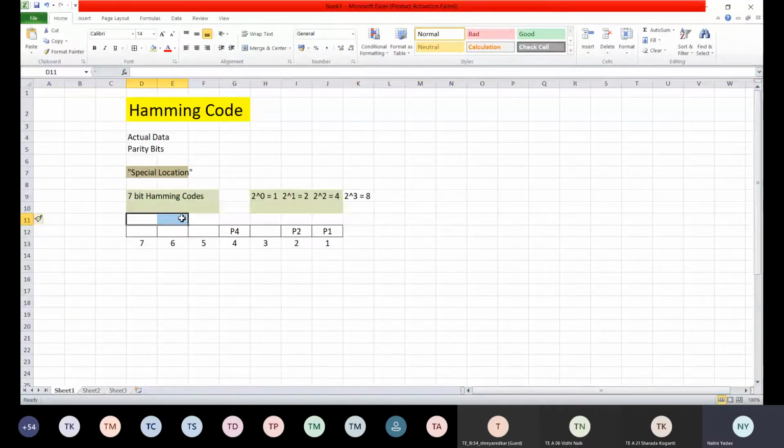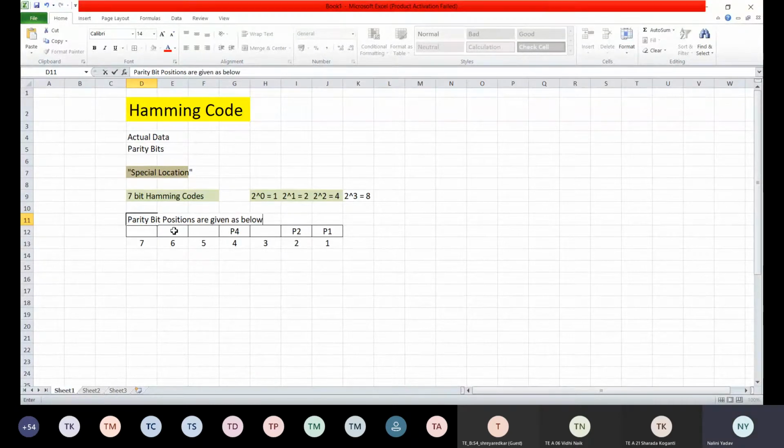Just a second. I'll write it over here. So parity bit positions are given as below. Fine. So these are my parity bit positions. Now we'll move ahead again.